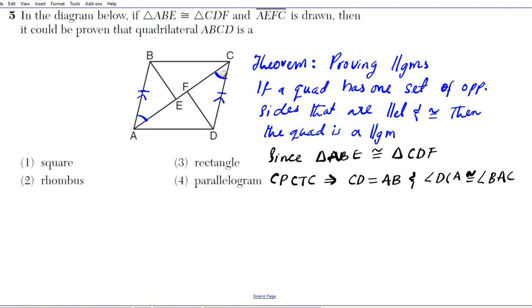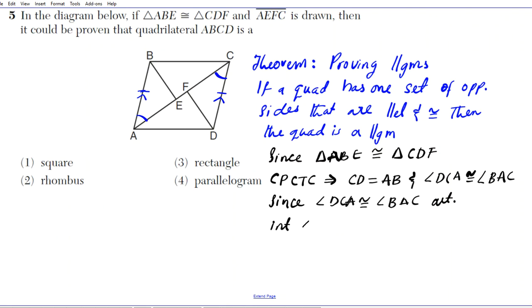Alright, so now we can mark these angles right here and mark these two sides as congruent. But how do we know that they're parallel? Well, we can state that since angle DCA is congruent to angle BAC, these two form alternate interior angles.